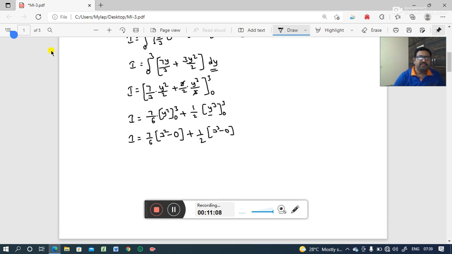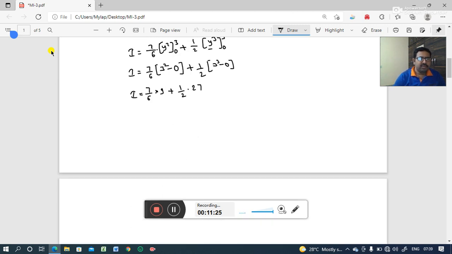So if you simplify, finally I is equal to 7 by 6 into 3 square is 9 plus 1 by 2 into 3 cube is 27. So finally if you simplify this expression you are getting I is equal to 24. So the integral value of the given problem is 24.